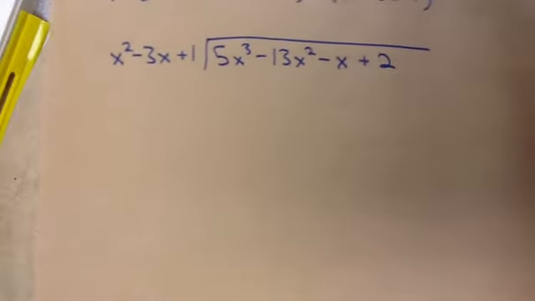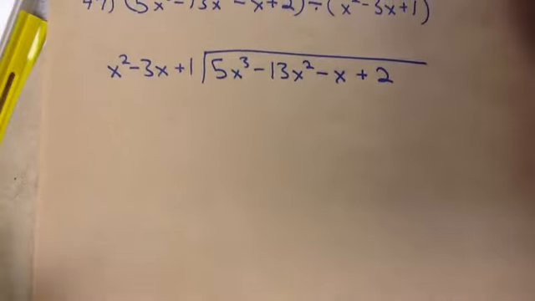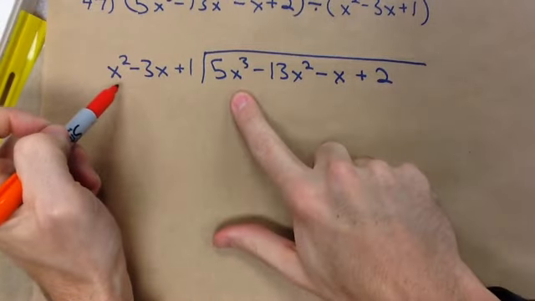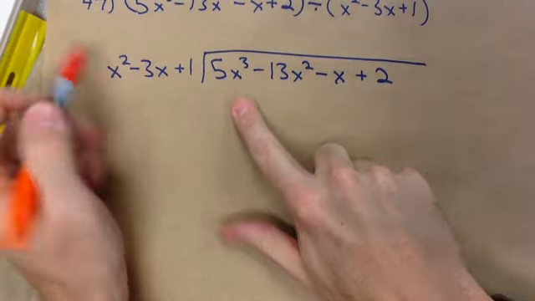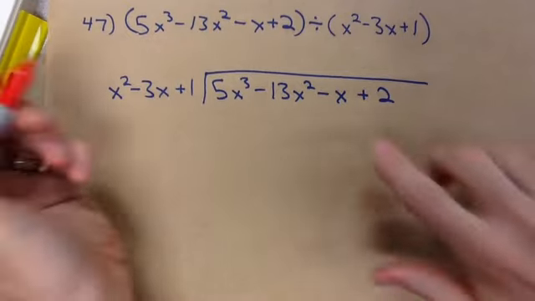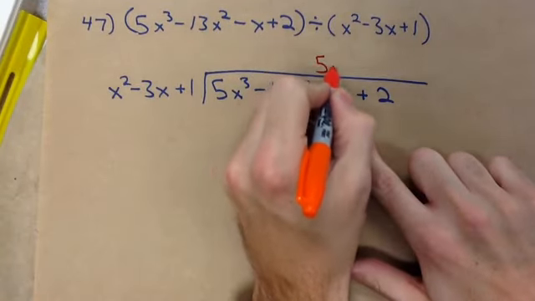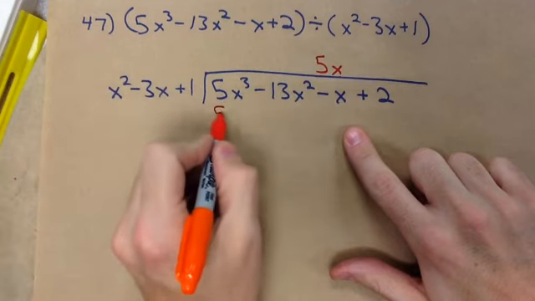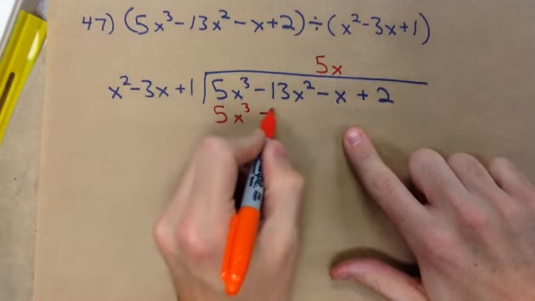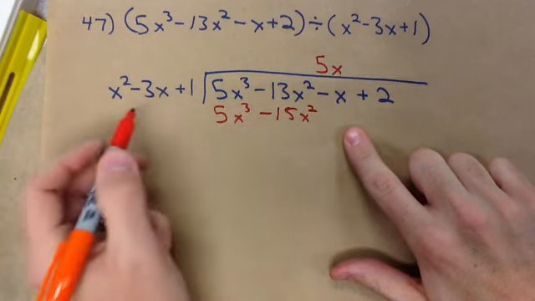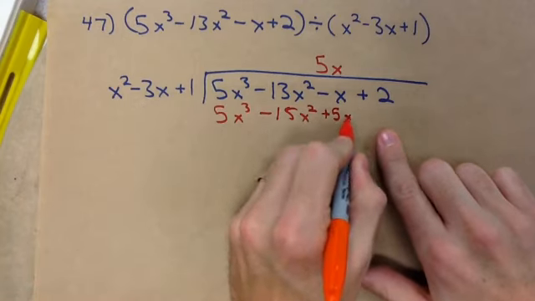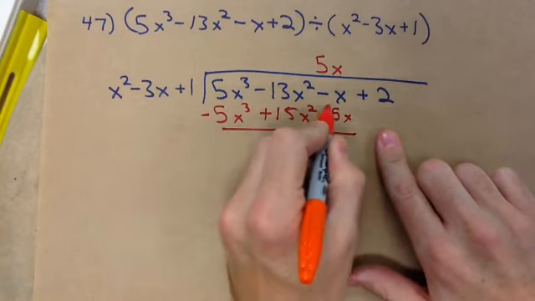Let's go to number 47. I'm going to do division again. I'm going to have x squared, and I want that to be 5x cubed. So I'm going to multiply that by 5x. So I got 5x to the 3rd minus 15x squared plus 5x. I'm going to change the signs.